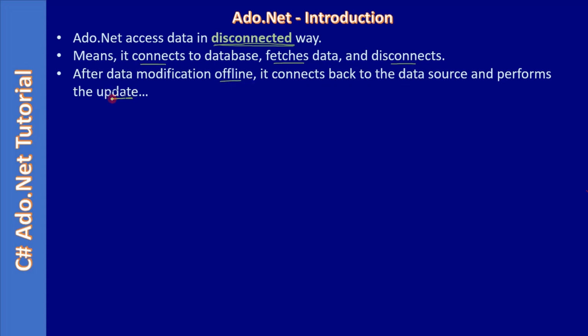That means if you want to perform an update, you can connect back to the database and push your data changes. So whenever you perform any editing, you are doing it offline. That's important. You are doing it offline and you need not worry that whatever change you make will get updated to the database.